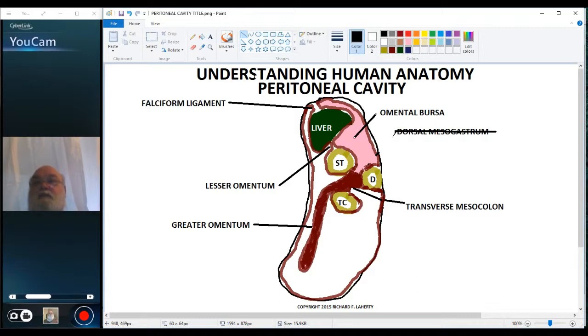And I mentioned it was part of the immune system. It is richly supplied with lymphatic tissue, and so it also helps fight infections in the peritoneal cavity. The greater omentum can plug up a leaking wall of the bowel.